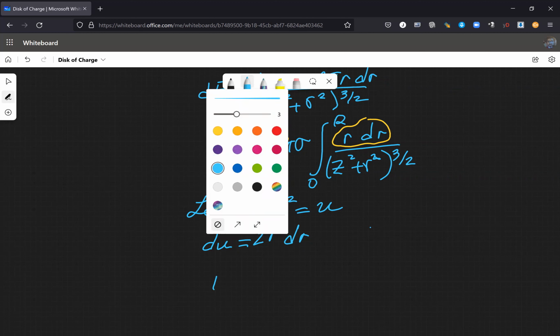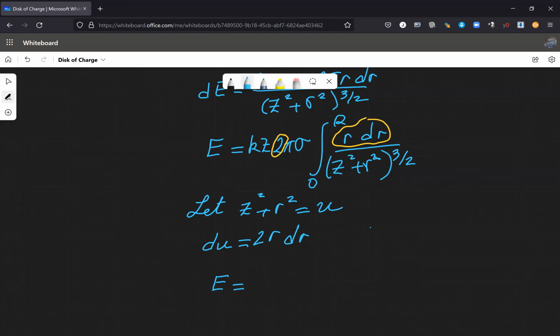Again, I'm not going to worry about the limits of integration now, because I want to go back and put everything in terms of little r. So E equals kz sigma pi integral. Don't worry about the limits just yet. Let's do it first in terms of u, and then we'll plug in the limits after I plug back in to r.